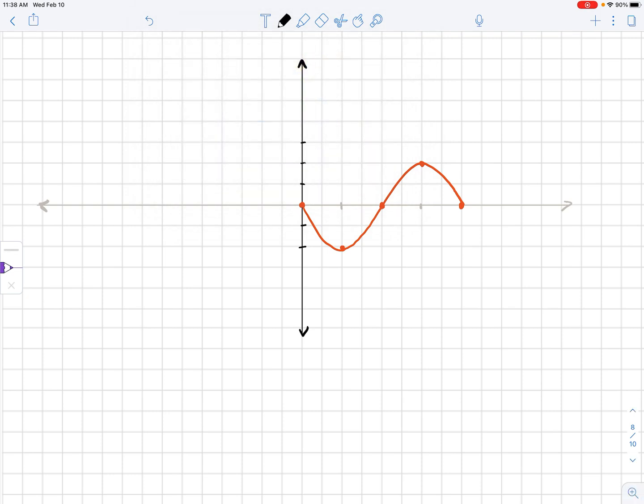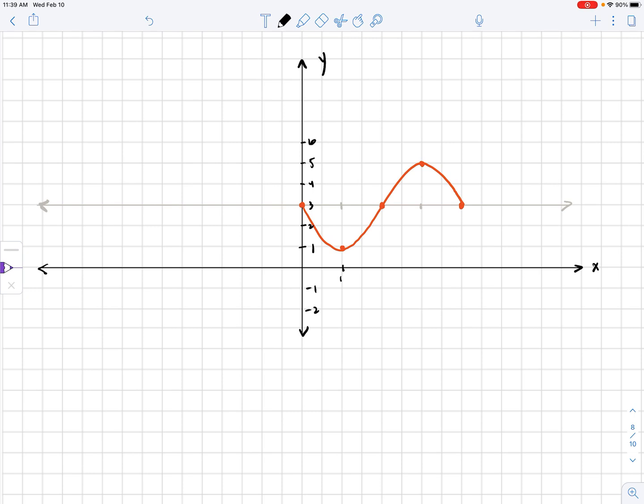This time, just to do it a little bit differently, I'm going to shift my x-axis down 3 units. And then I need to label. So it's my x, y-axis. 1, 2, 3, 4, 5, 6.